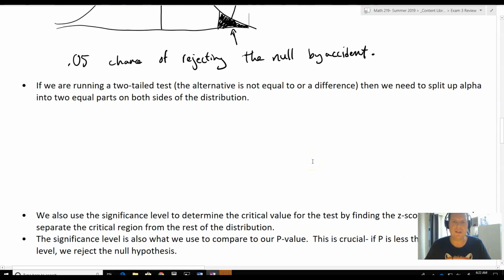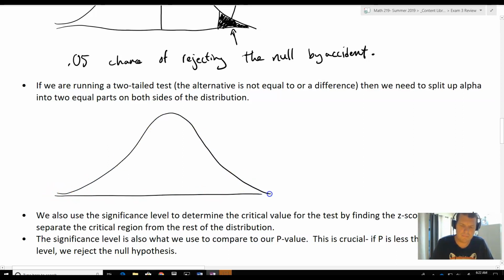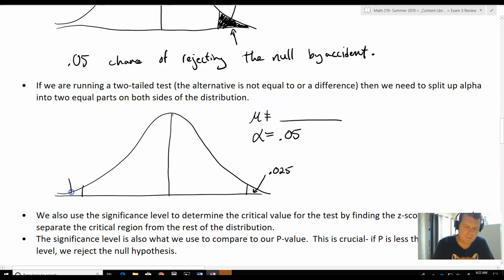If we're running a two-tailed test, so suppose that we have mu does not equal some value, and we have alpha, in this case, let's take alpha equal to 0.05. Then what we're going to do is split it up. So this is 0.025, and this is 0.025.